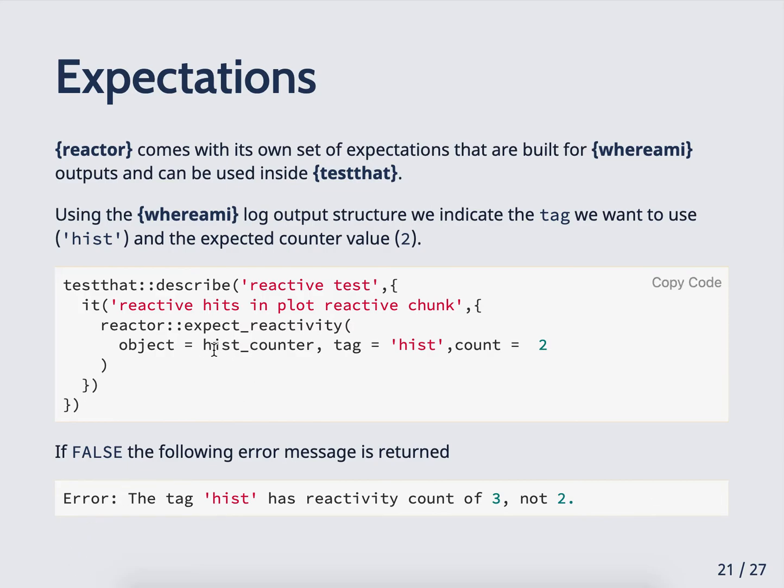So here, when we run the test reactor, the output is the whereami log, and it was assigned to the hist counter. Using that, we can use the expectation of the count equals 2. If it's false, it's going to give you how many counts of reactivity were actually hit instead of the expected value.